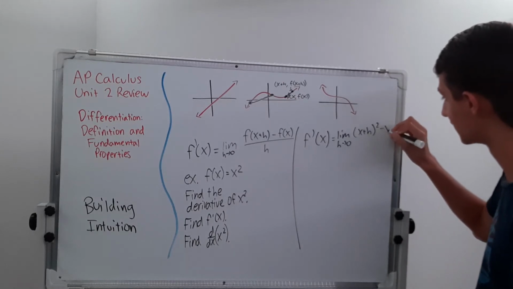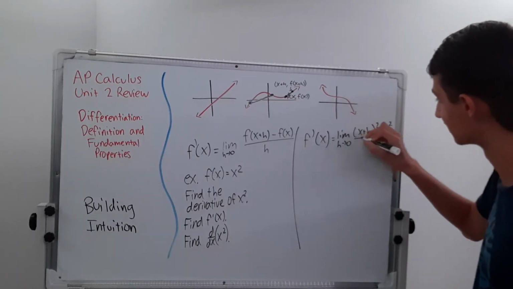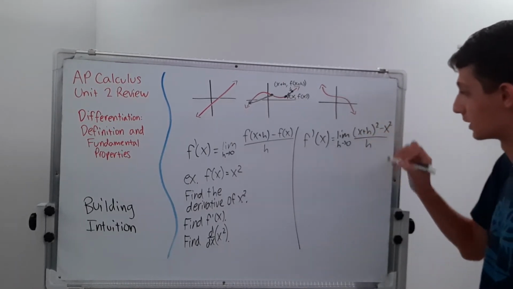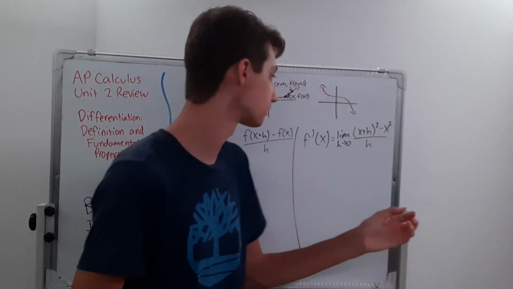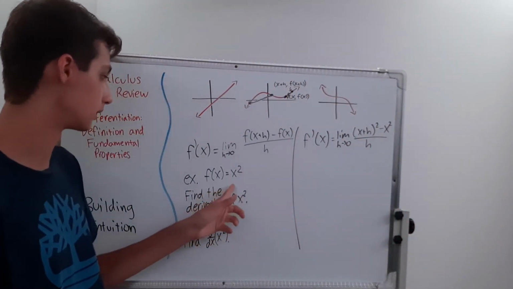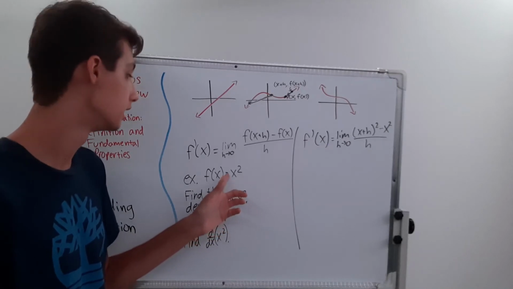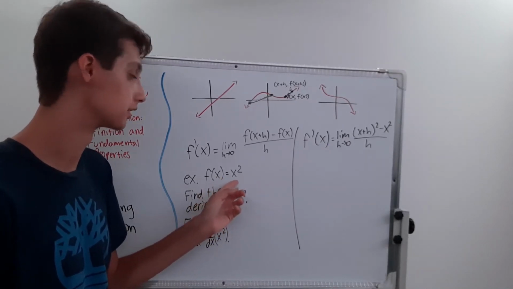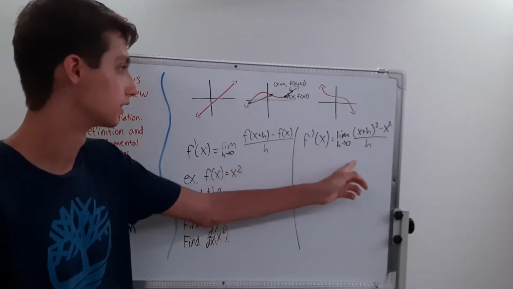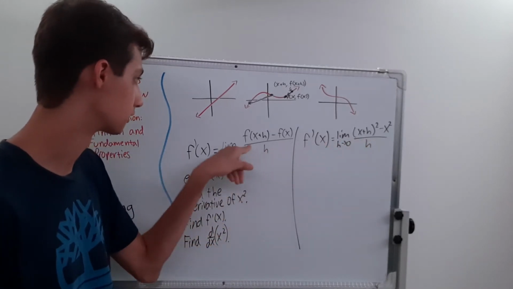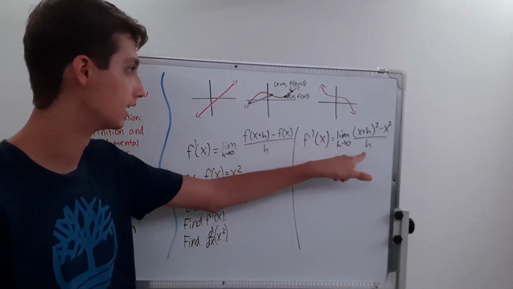I'm going right up to the edge, but hopefully you can still see it well, and then we're dividing this by h. So we're taking our original function, and we're doing f of x plus h, which is just x plus h squared, and that's going to be minus our x squared, so that's just pattern matching here, and divided by h.